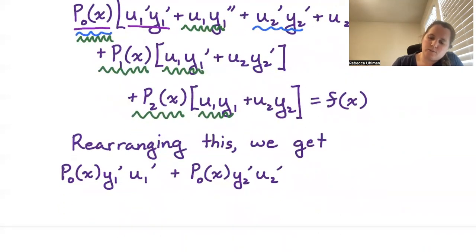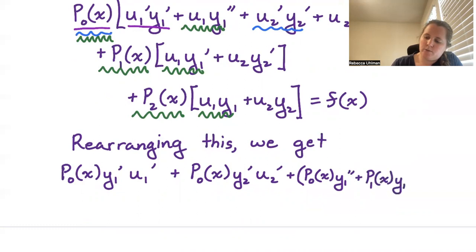So this becomes P0 of x times y1 double prime plus P1 of x times y1 prime plus P2 of x times y1, all multiplied by u1.